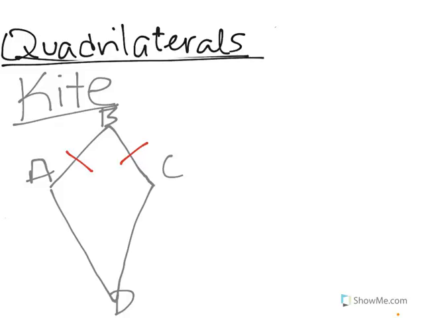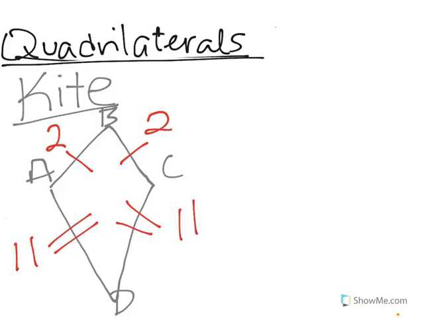If they are not next to each other, then it's not a kite. That would also mean that AD is equal to CD. Same measurement. If AB was 2, that means BC is 2. If AD is 11, that means CD is 11. It has to be 2 congruent adjacent sides.